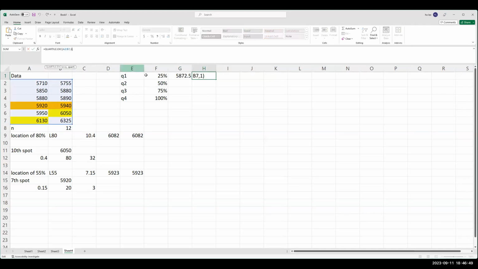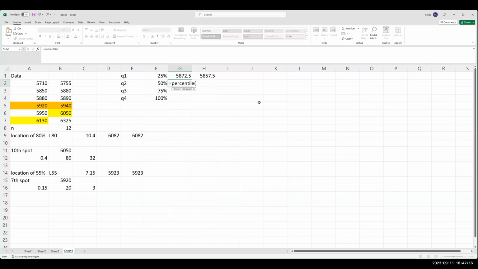Should be the same number. Why isn't it the same number? Did I do something wrong? Oh, this should be the same number. I need to figure this out.